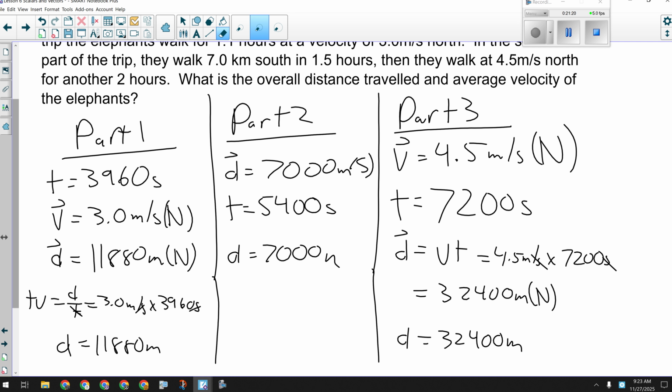So the first thing it wanted to know was, what's the total distance? What do I do with this number and this number to get the total distance? Just add them up. That's how far the elephants will have walked.